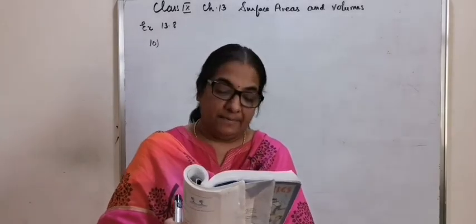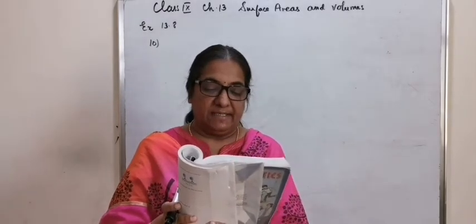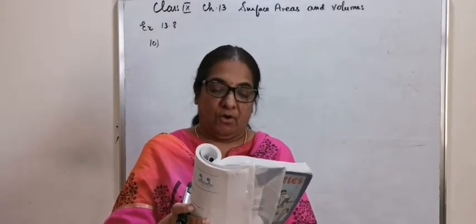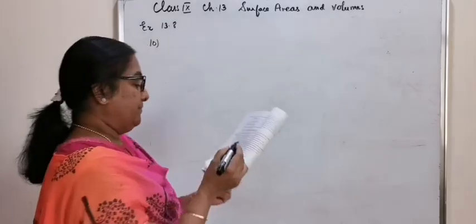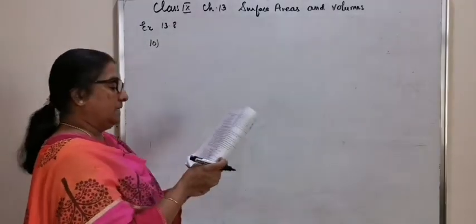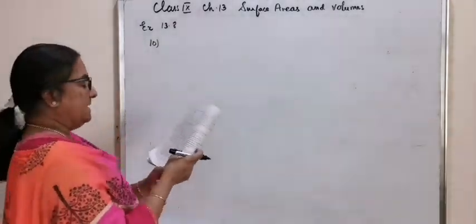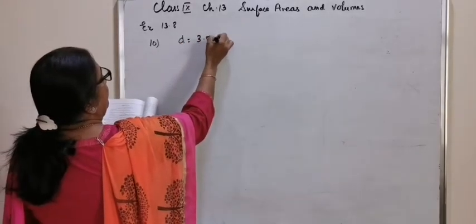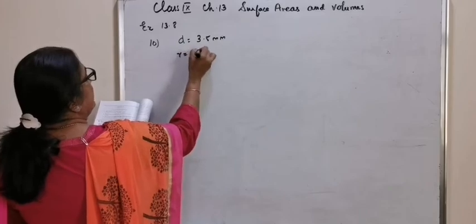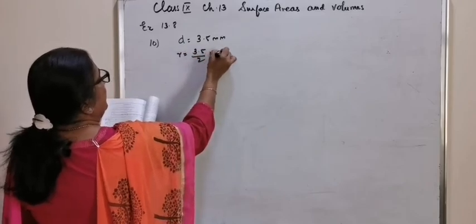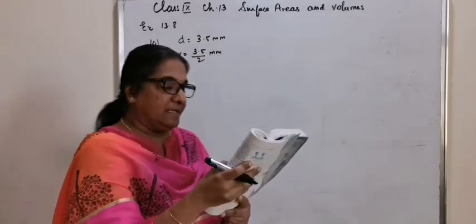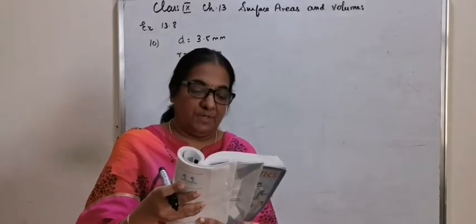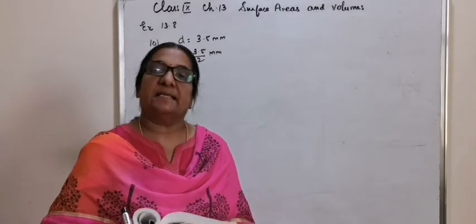Question number 10. A capsule of medicine is in the shape of a sphere of diameter 3.5 millimeter. Underline the word sphere, of diameter 3.5 millimeter. Immediately the radius is 3.5 by 2 millimeter. How much medicine in millimeter cube is needed to fill this capsule?